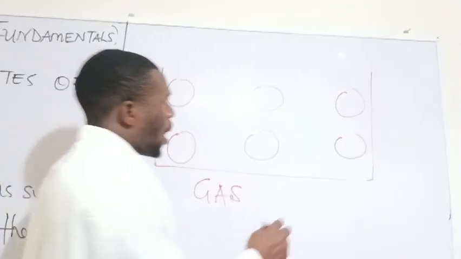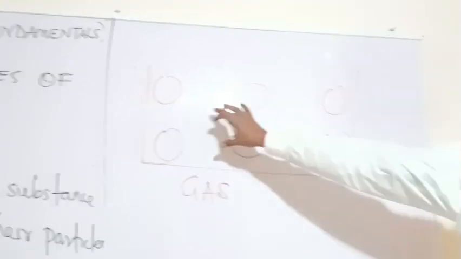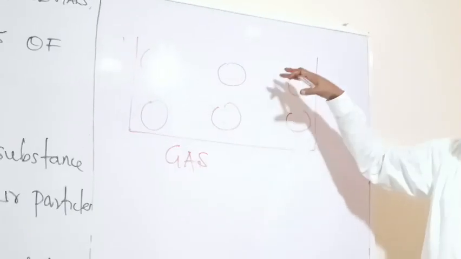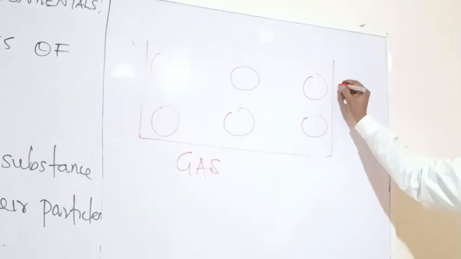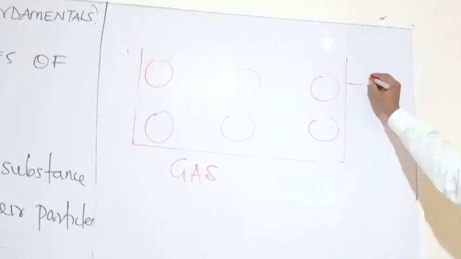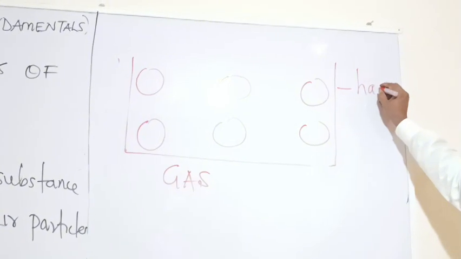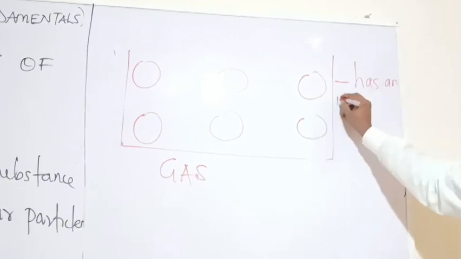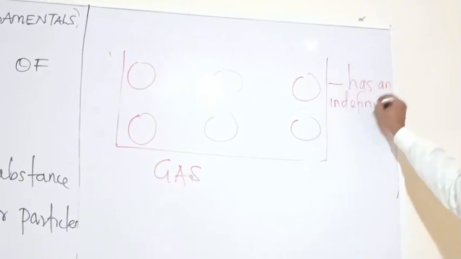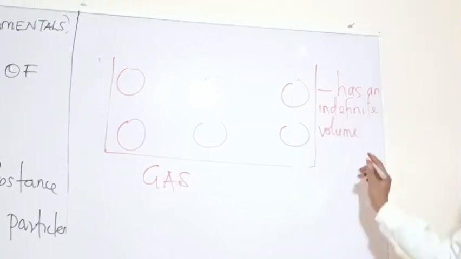Now, because the force is so weak that the particles of a gaseous substance move independent of one another, it means a gaseous substance has an indefinite volume and shape.